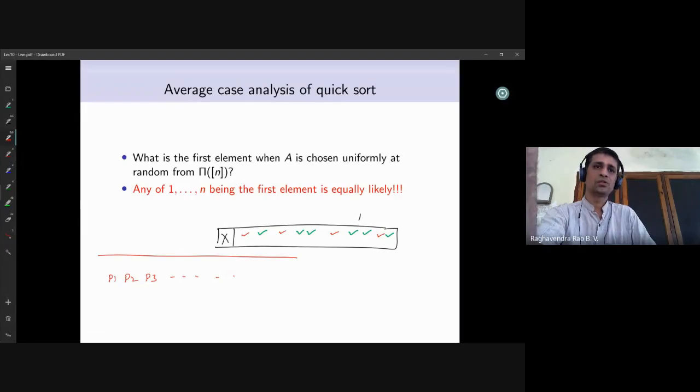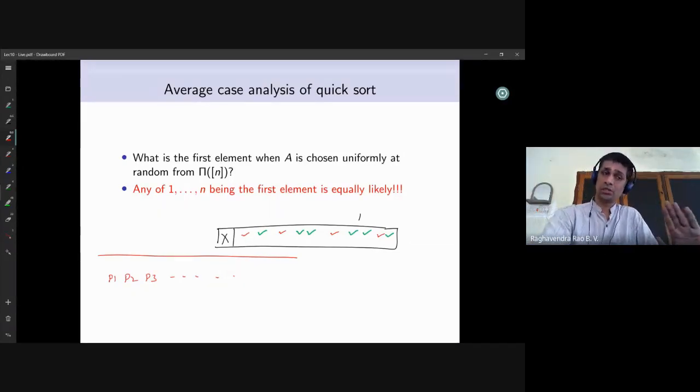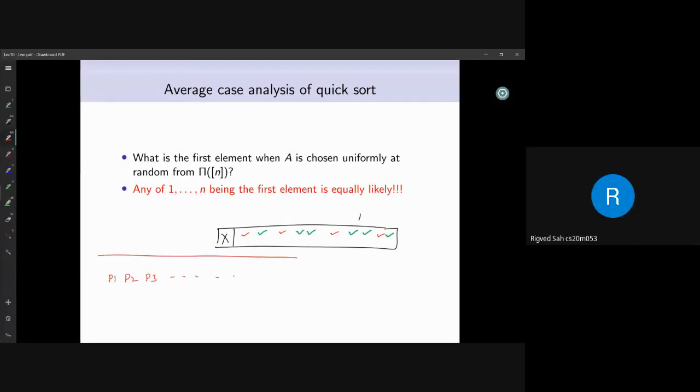It's not saying there is zero probability of that happening, but the good probability is on the good side, that is n log n. Is that clear? Does that answer the question?